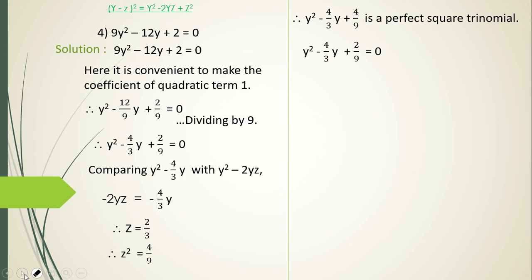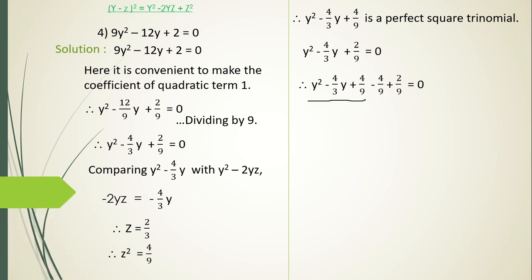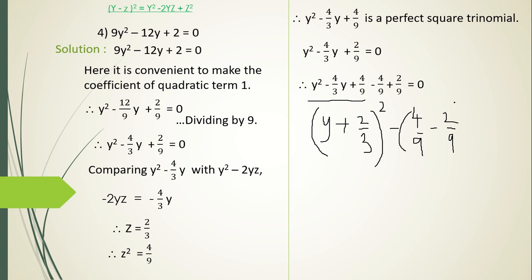Now add 4 upon 9 and subtract 4 upon 9. Now the first three terms here are going to be a perfect square trinomial. So we will write y plus 2 upon 3 the whole bracket square for it, and if you take minus outside the bracket, you will get 4 upon 9 minus 2 upon 9 is equal to 0.